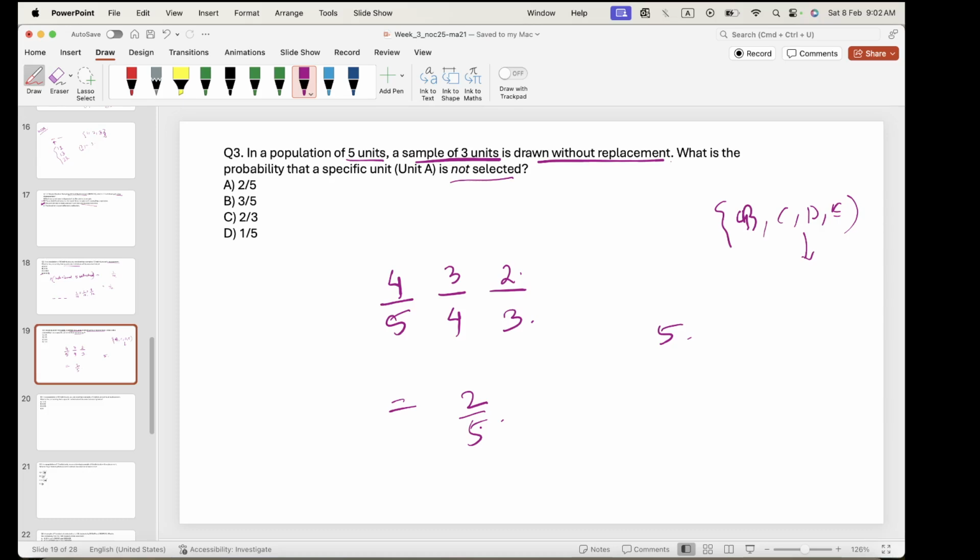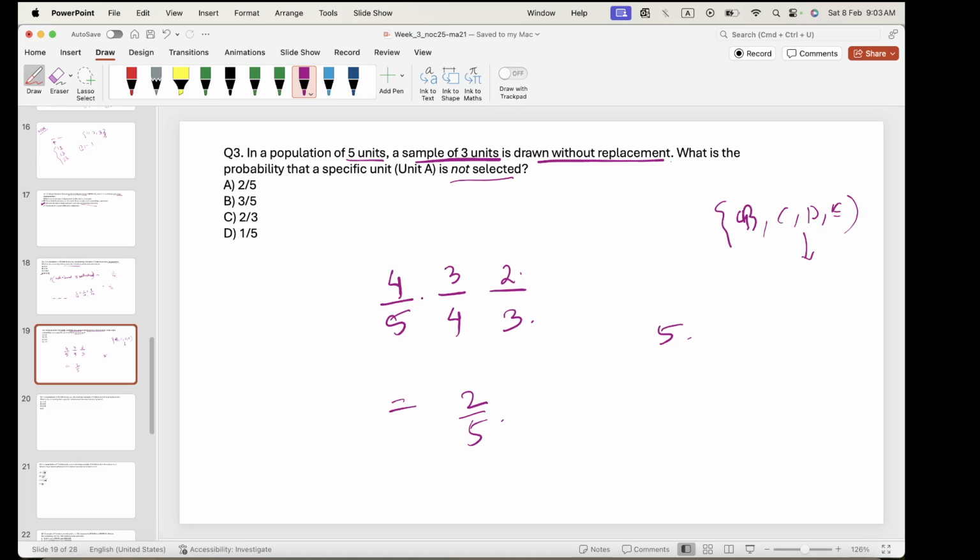That is for not getting selected any specific unit. So the first probability: the probability of selecting A is 1 by 5, but the probability of not selecting A is 1 minus 1 by 5, which is 4 by 5.